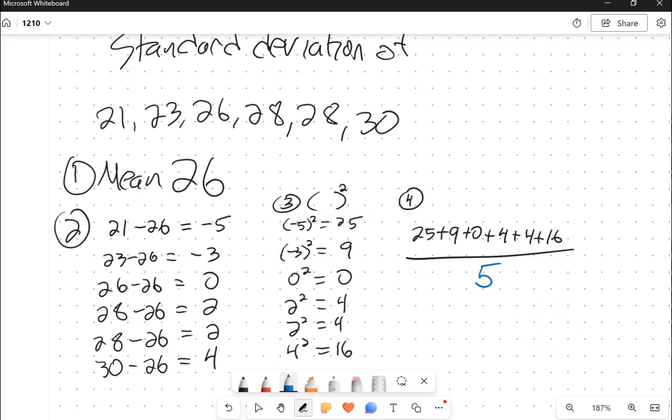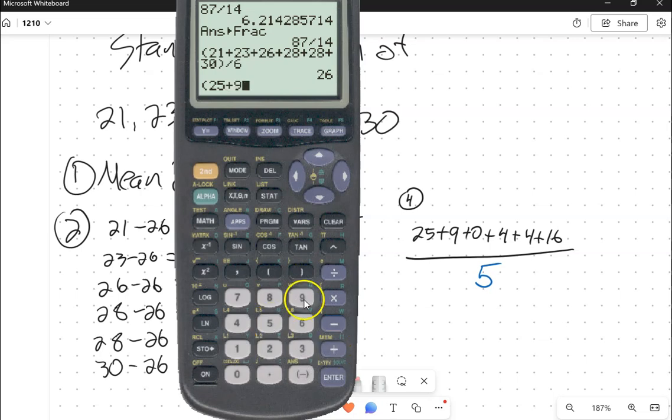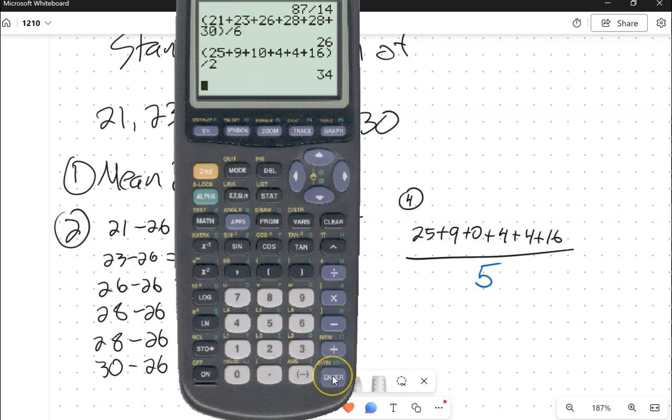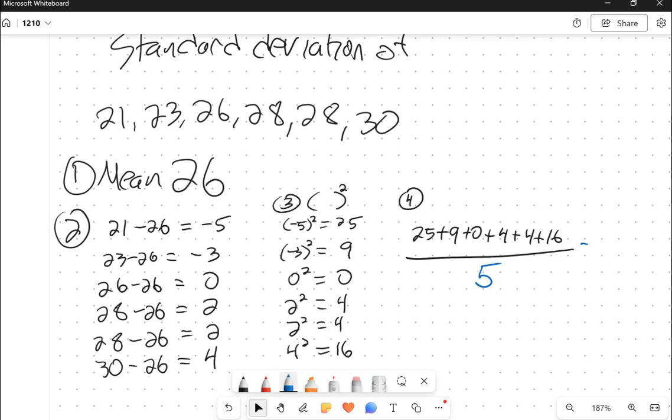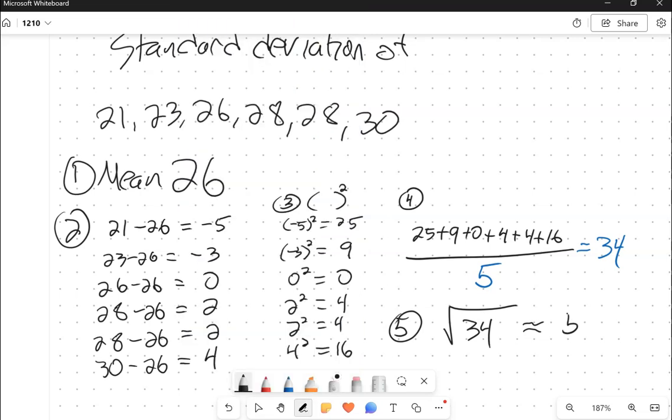Okay, so let's work that out. Parenthesis, 25 plus 9 plus 0 plus 4 plus 4 plus 16 divided by 2, 34. And finally, the last step, square root. And here we round to 1 decimal place. 5.8.